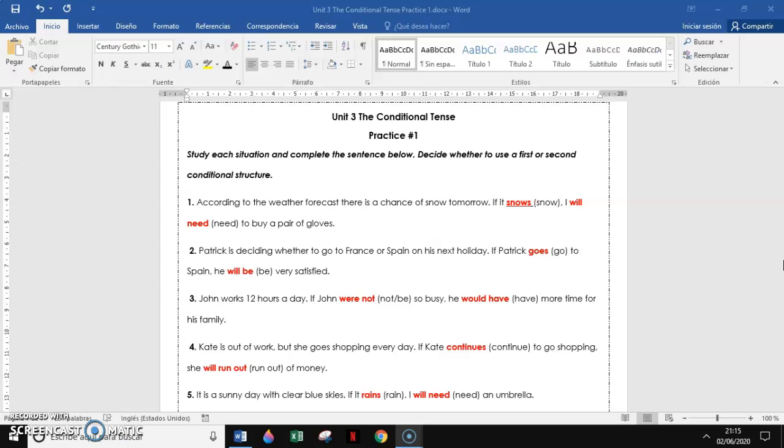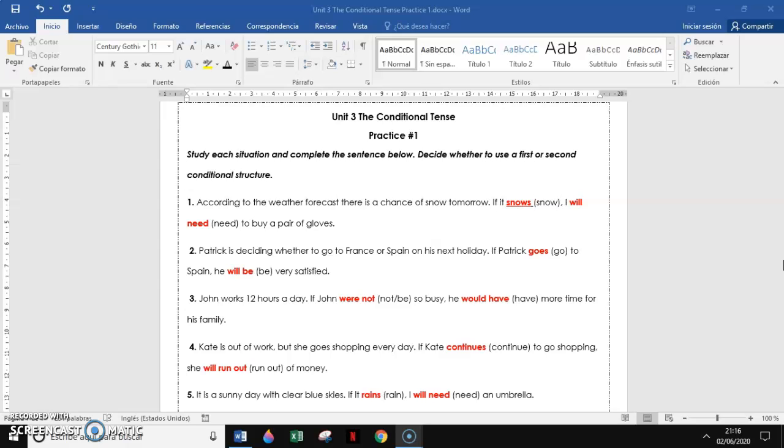As you might remember, in Unit 3, we looked at the conditional tense. There are 3 tenses in the conditional tense: the first conditional, the second conditional, and the third conditional.